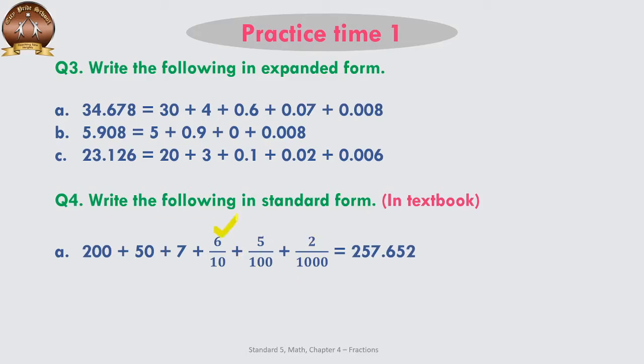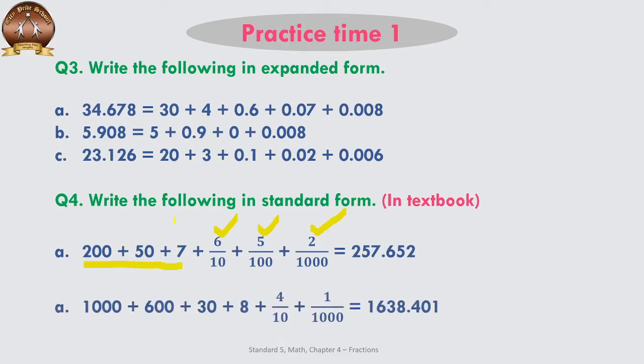So 6 upon 10 is at the tenths place. 5 upon 100 represents the hundredths place. 2 upon 1000 represents the thousandths place. So the number simply becomes 257.652. You have to put 6, 5 and 2 at the tenths, hundredths and thousandths places.